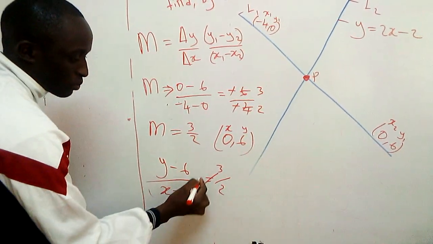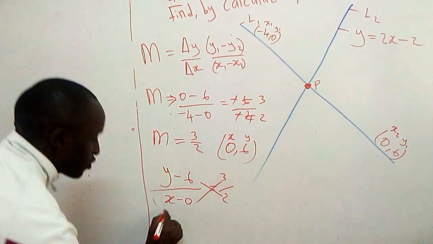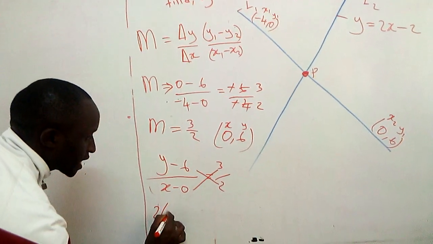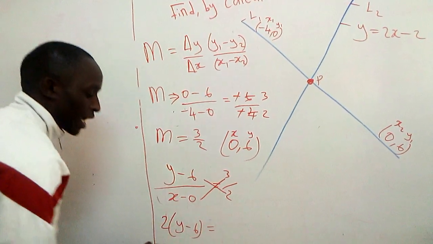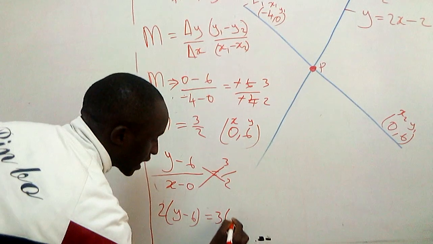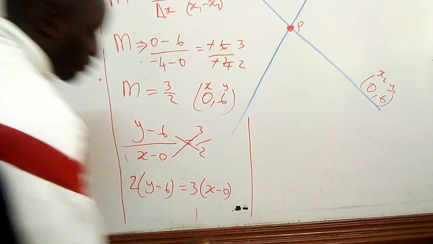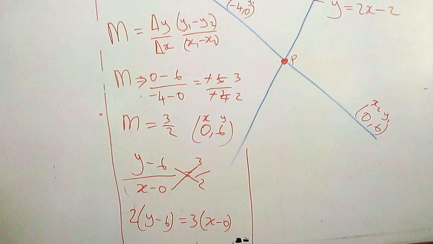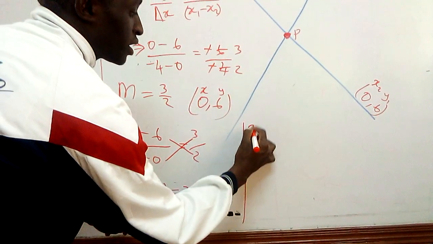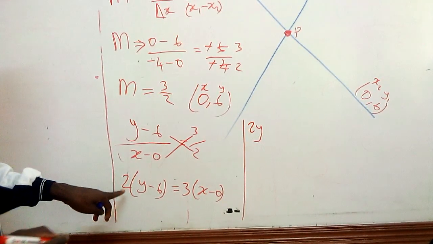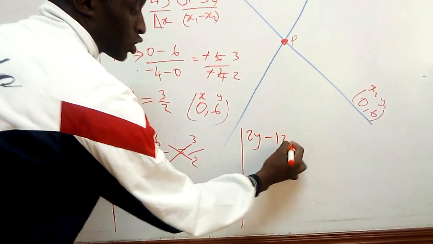I do cross multiplication, whereby 2 is going to come here, in order for me to have 2 into bracket y minus 6 close the bracket, equals 3 into bracket x minus 0, like that. From there, I open the bracket, whereby I take 2 multiplied by y, it is going to be 2y. 2 multiplied by -6 is going to be -12.